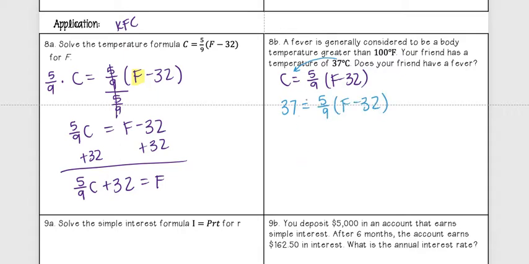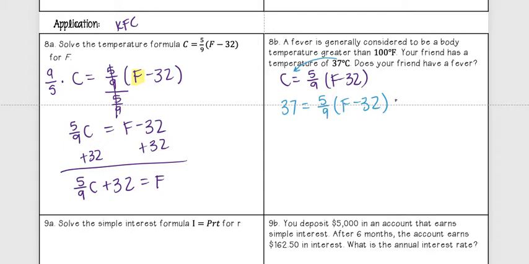And now I'm going to solve for F. So again, like we did before, I can divide out that 5/9. But like what we saw here, when I'm dividing it, I'm really just multiplying it by the reciprocal. I made a mistake over here. That should have been 9/5, which I'll fix all the way down.